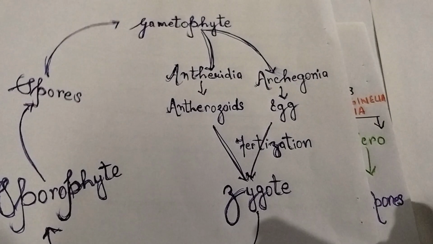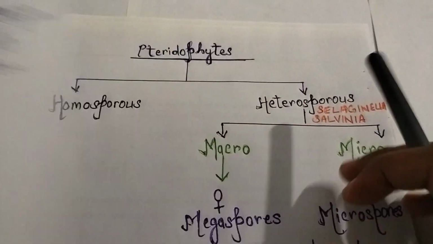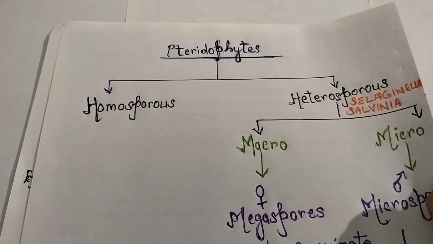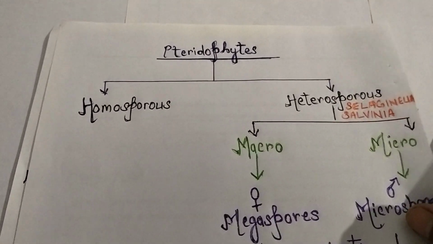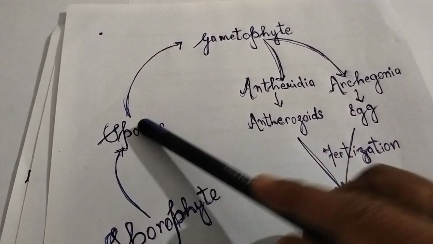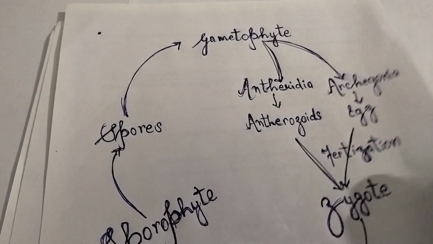Now one more important and different thing here. This is the life cycle, hope you all understand. Now these spores which are produced by the sporophyte, sporophyte produces spores. Now something about these spores, according to which we have to study the pteridophytes.